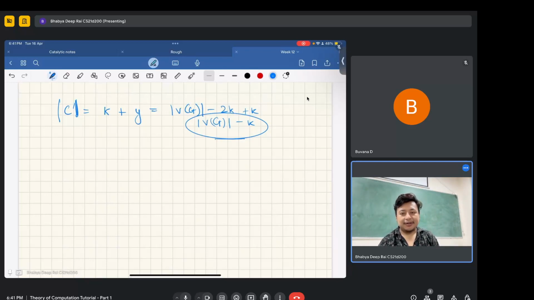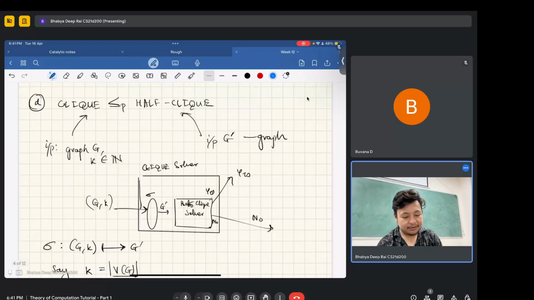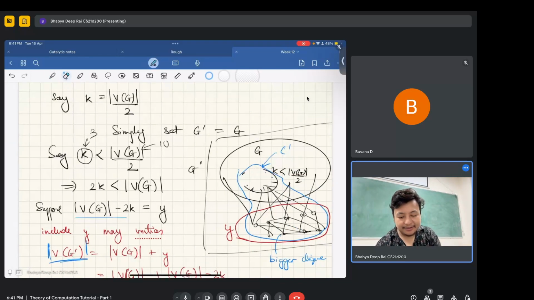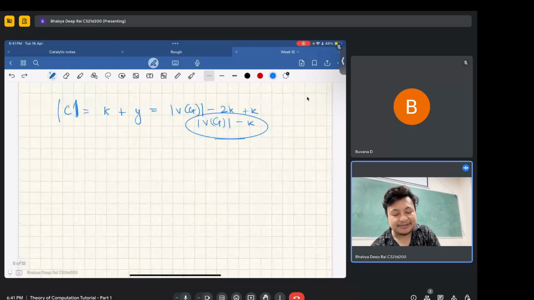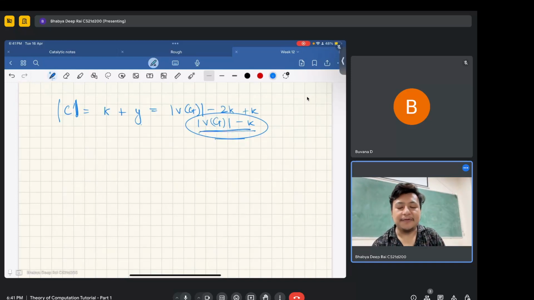Take note. If such a click was not there, if the smaller click was there, then this would not have been sufficient. Since this click was there, we are saying that there is a click of size K plus Y. And because of this, we are getting this value. Otherwise, we would not have got it.